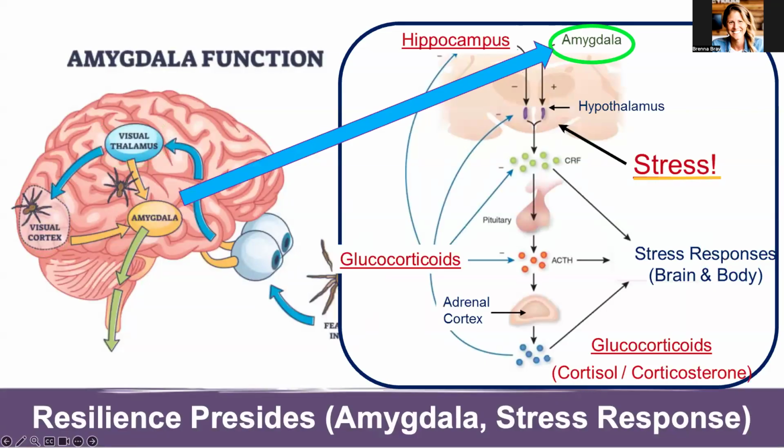When the amygdala gets activated, a few things happen. It kicks off this stress response. So it signals to a brain region called the hypothalamus. This here is the human brain we're looking at here. That might be hard to tell. So it activates the hypothalamus, which secretes these hormones, CRF, and that activates the pituitary, which is also in the brain.